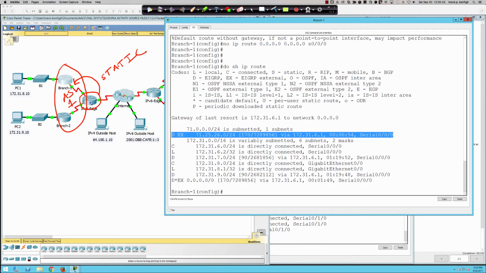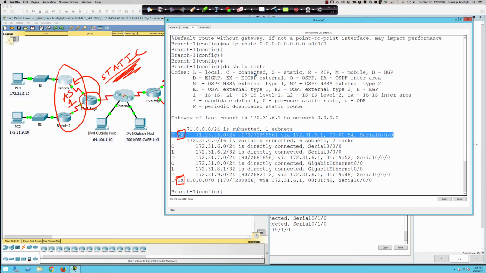It's on the same router, without a doubt, no argument there, but it is foreign from the perspective of protocols, right? It's coming from another protocol, from another autonomous system. That makes it redistributed external EIGRP information.